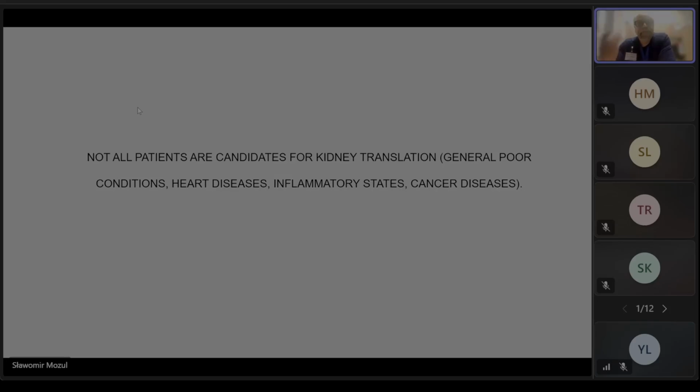However, these patients still require renal replacement therapy, and for them, the only option is long-term treatment within a chronic dialysis program.